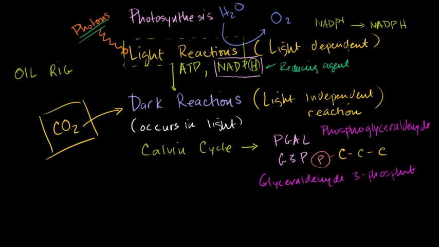Remember, reduction is gaining electrons or hydrogen atoms. And it's the same thing because when you gain a hydrogen atom, including its electron, since hydrogen is not too electronegative, you get to hog its electron. So this is both gaining a hydrogen and gaining an electron. But let's study it a little bit more.